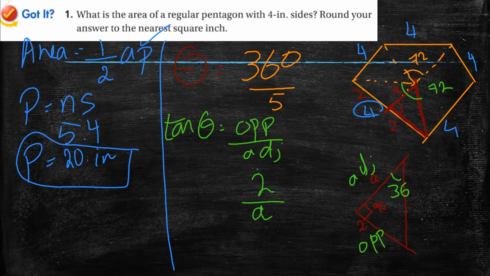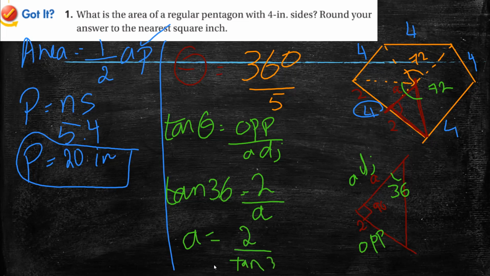And then tan theta is tan 36. What is the angle here? It is 36. The opposite is 2 and the adjacent is A. Then after that, A will be 2 over tan 36.